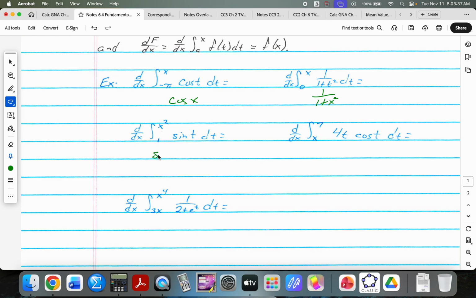So this is going to be the sine of x squared times the derivative of x squared, which is 2x. So this is 2x sine of x squared.